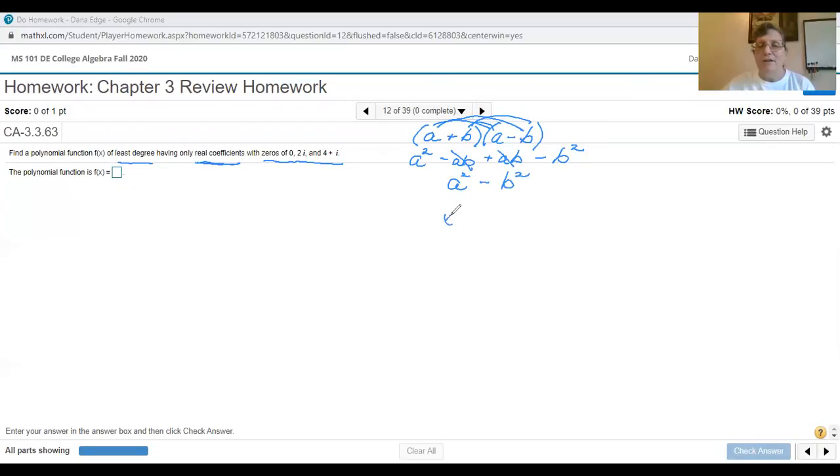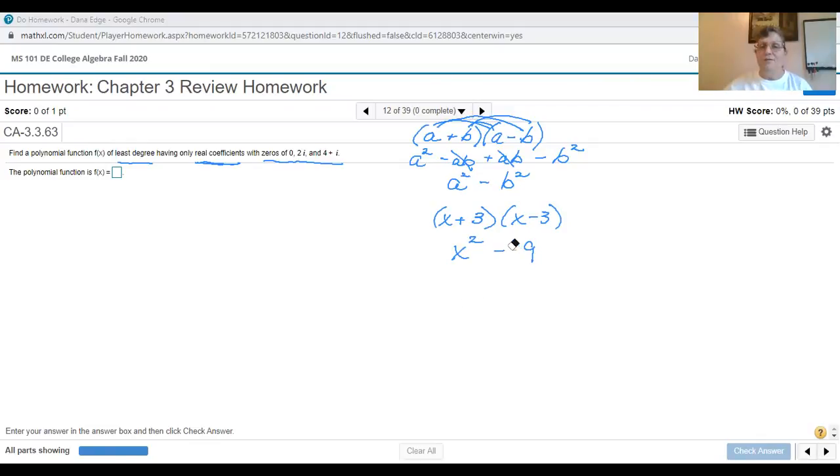So if we have x plus 3 times x minus 3, a sum and a difference of the same terms, this is what conjugates are, we're going to end up with x squared minus 3 times 3, which is 9.